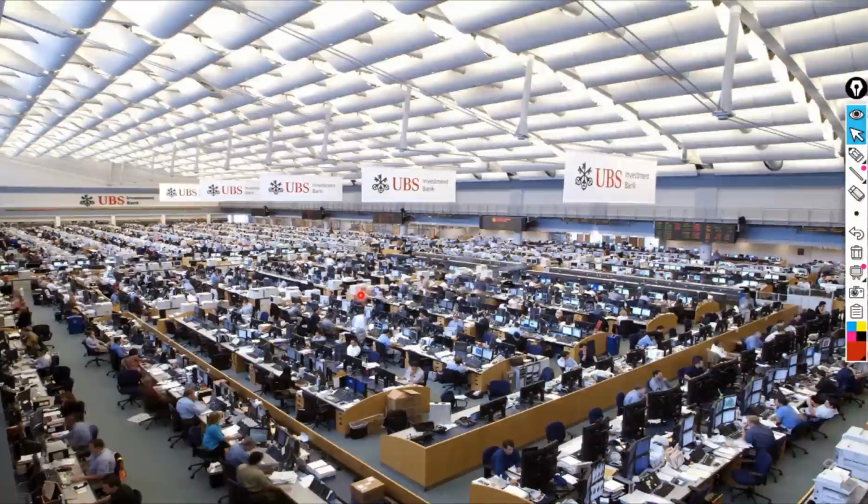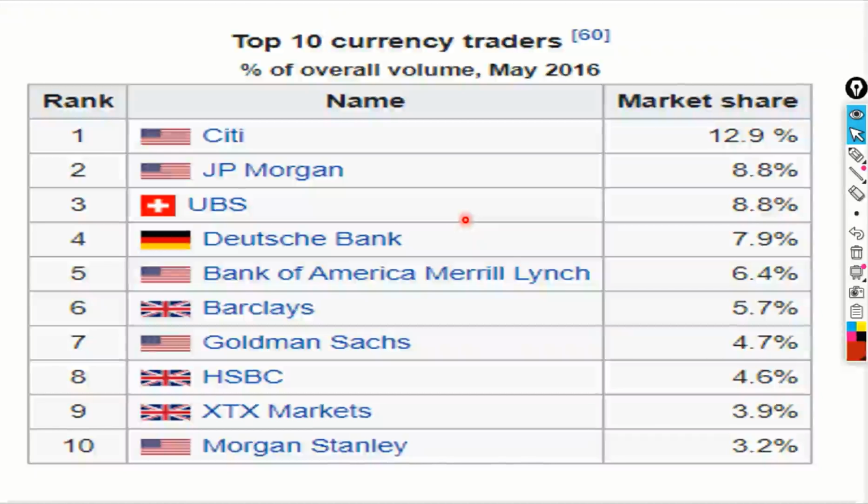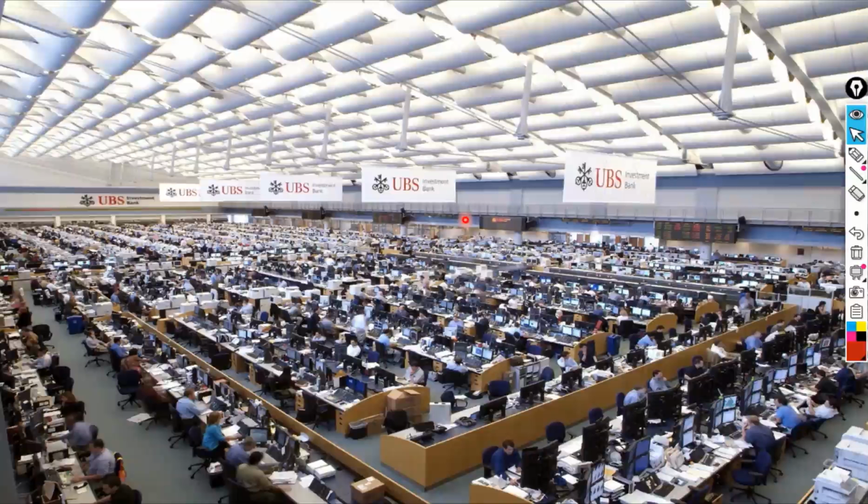The room is very big, bigger than the city where I live. They have a lot of traders. This is not the only dealer that has a room this big. Each and every one of these dealers has rooms that look like this one.